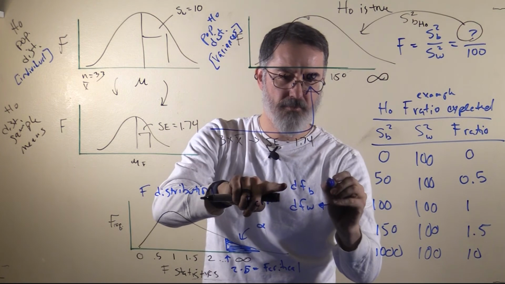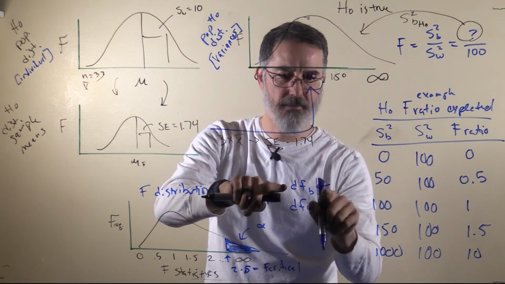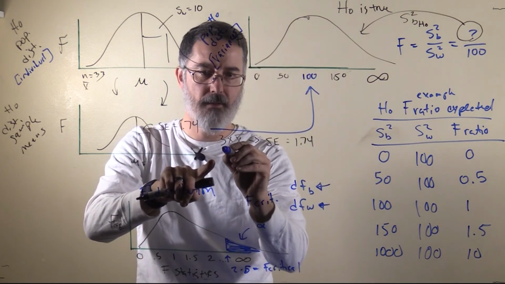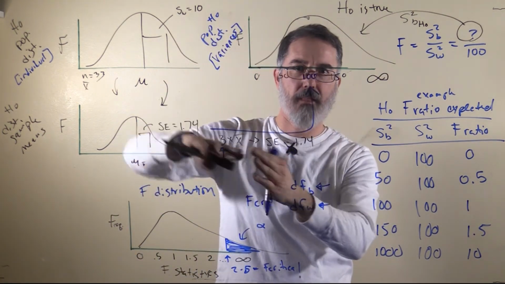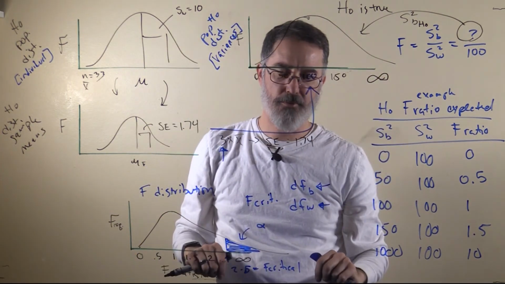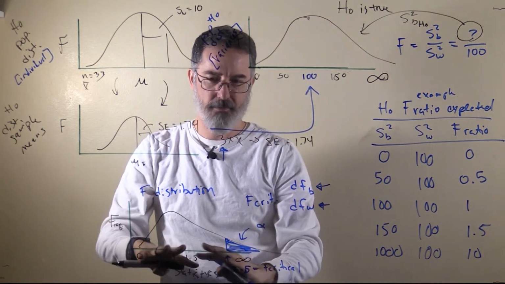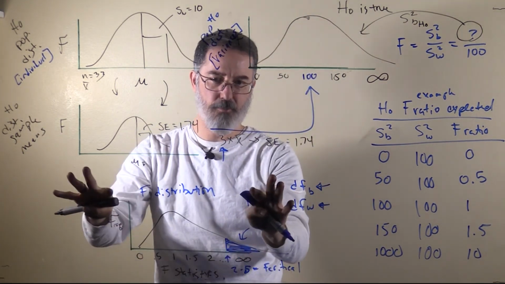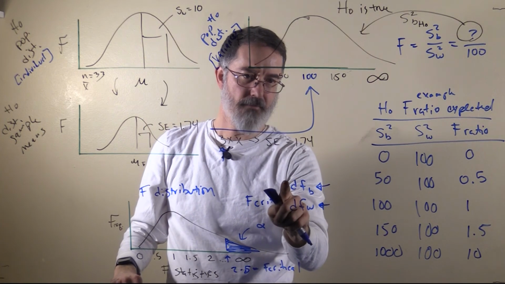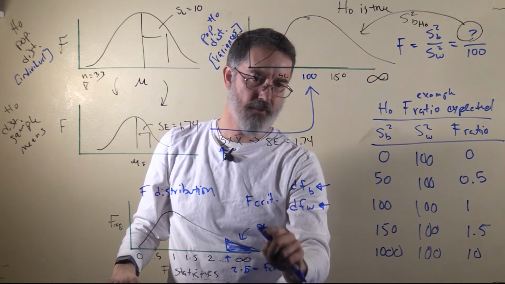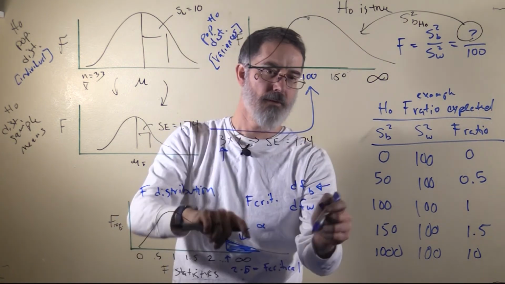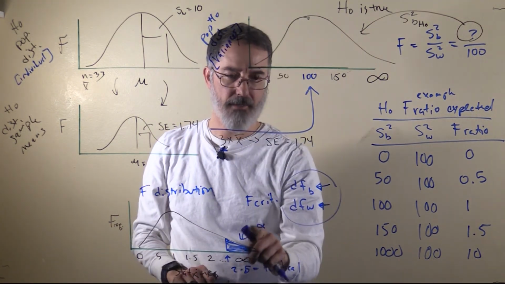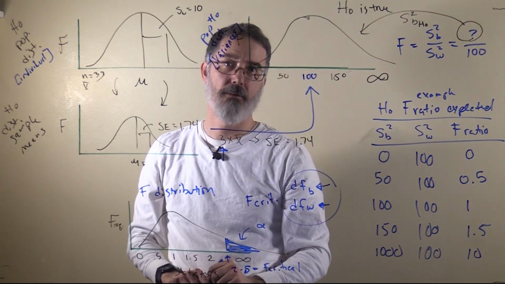And the degrees of freedom between, right, that's the number of group means, that's here. And that'll influence the variation when you're creating this distribution. So there's a different shaped F distribution for different combinations of degrees of freedom between and degrees of freedom within. And that's why when you look up an F critical value, you need to know both of these to actually get the F critical for the test that you're currently doing.